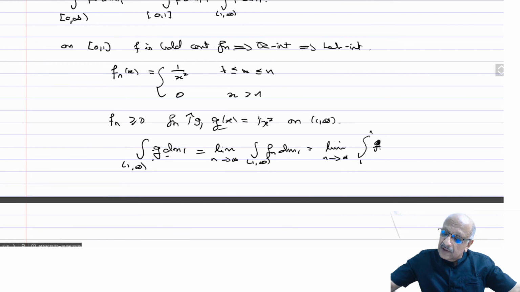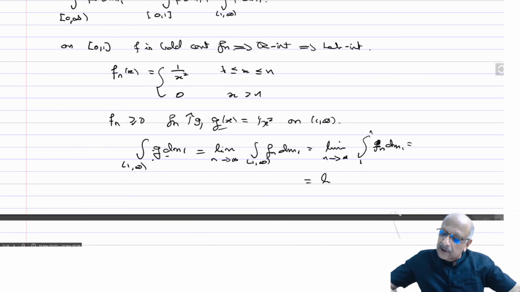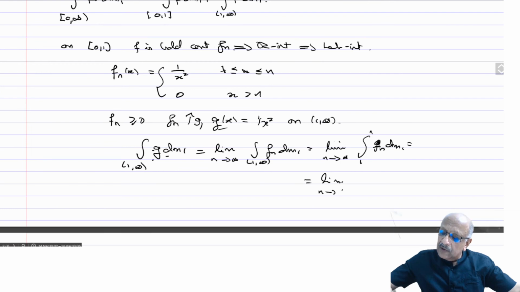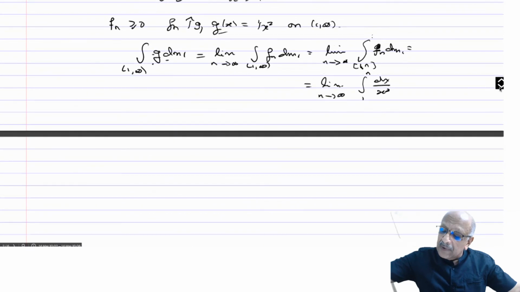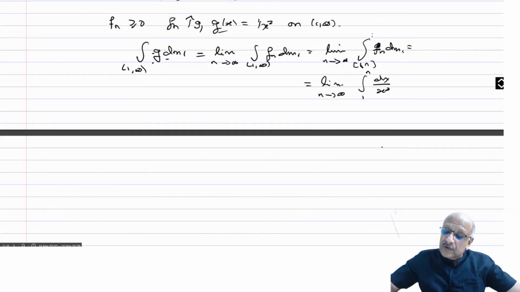That is equal to the limit as n tends to infinity of the integral from 1 to n of dx by x squared. Now this is the Riemann integral, and since f_n is a continuous function on a bounded interval, it's Riemann integrable, and the Lebesgue integral is equal to the Riemann integral.